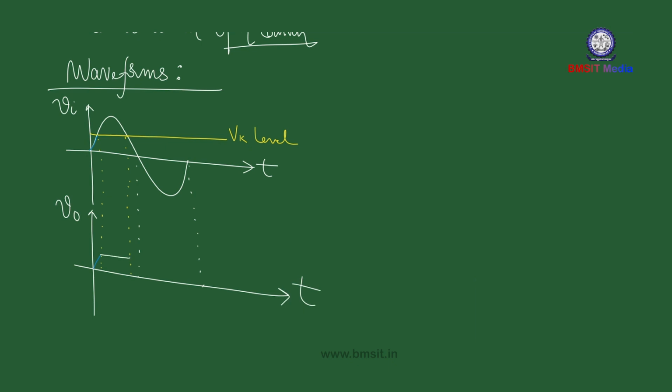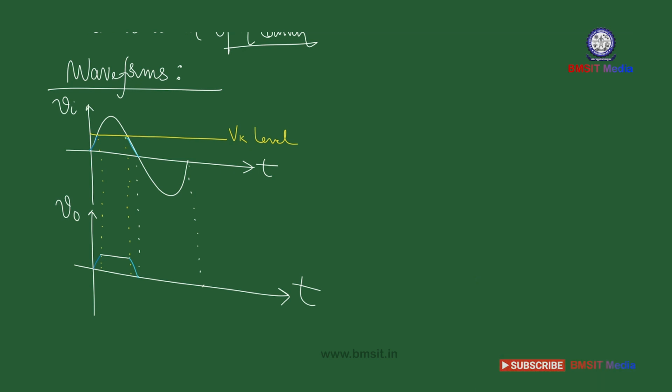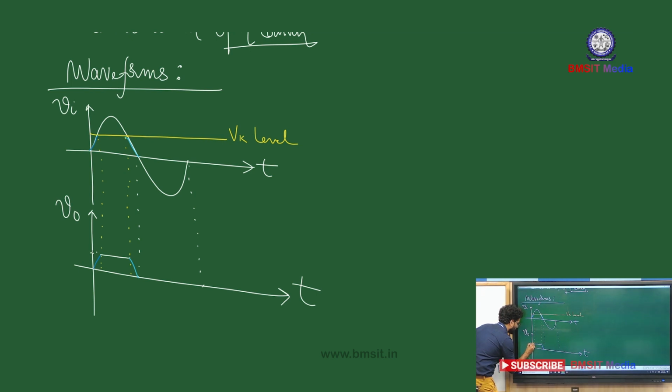Once again, when the input falls below the Vk level, in this region, your output becomes input. So this is your positive half cycle, and you can see some flat line over here. That flat line corresponds to the Vk level. This voltage value, if you read, you will get it as Vk.